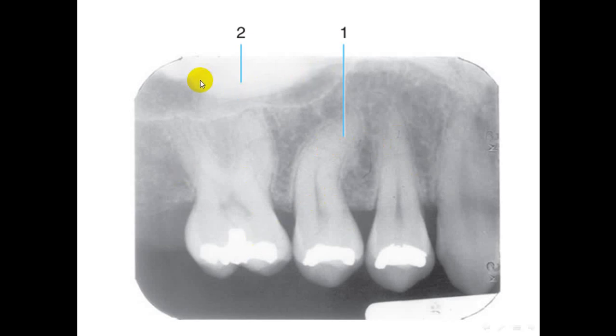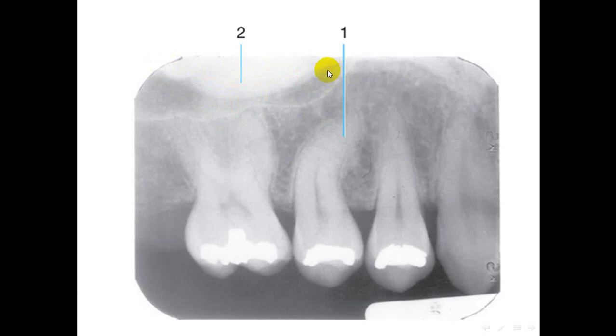The number 2 represents a torus palatinus, which is a radiopaque benign overgrowth of the bone in the middle of the palate. This position is shared with the zygoma or zygomatic process.